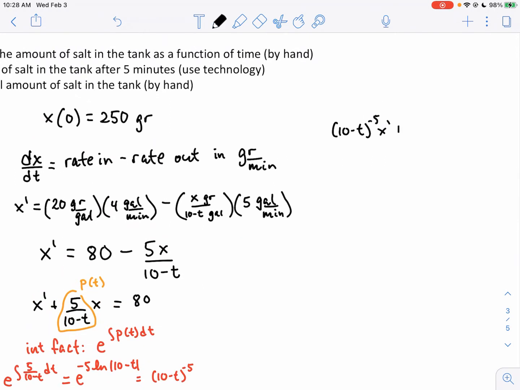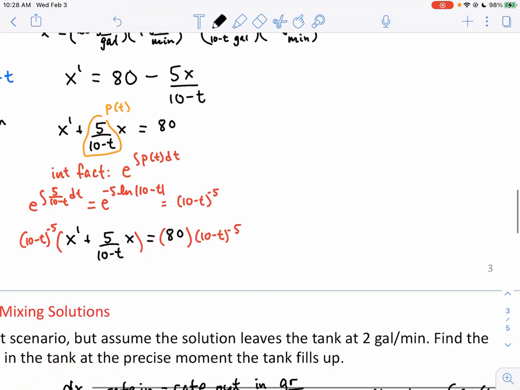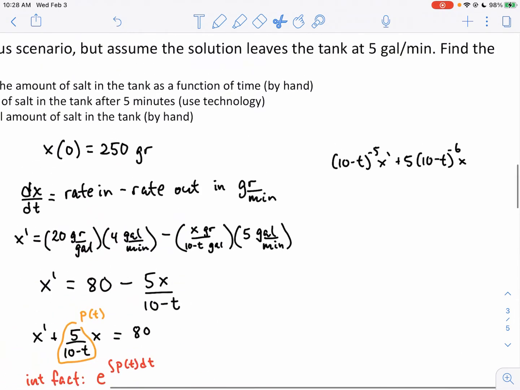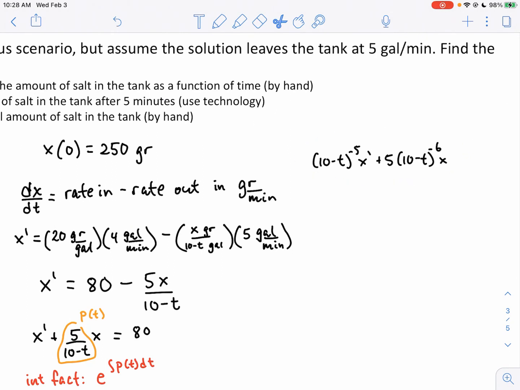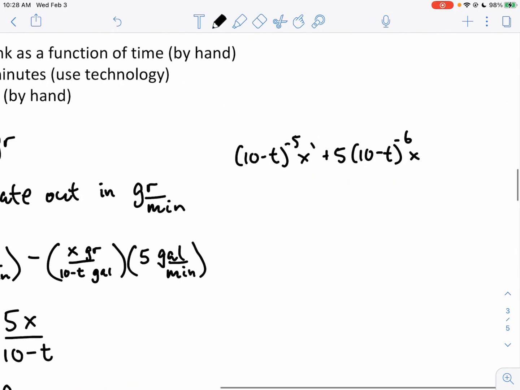So we're going to have a plus 5 times 10 minus t to the negative 6 times x. And then over here we just have an 80 times 10 minus t to the negative 5. So we get equals 80 times 10 minus t to the negative 5. Okay, so here's the result after I multiply by the integrating factor.